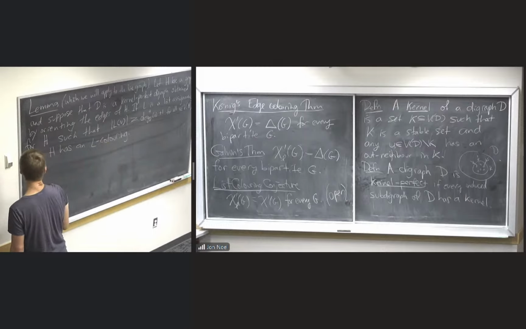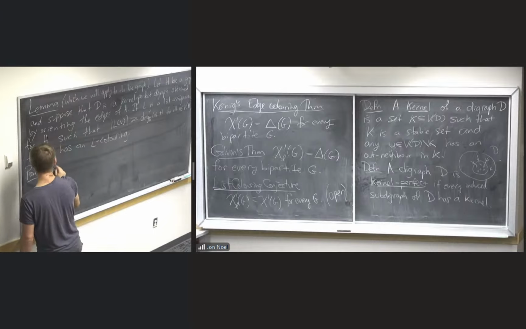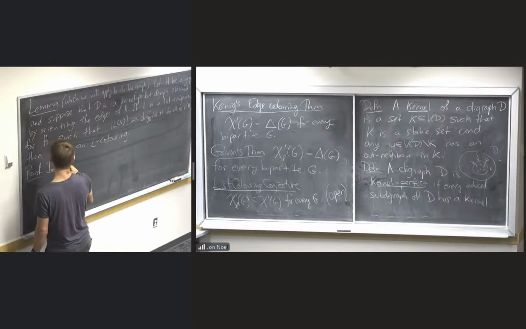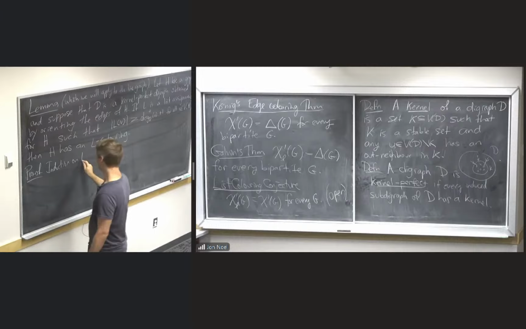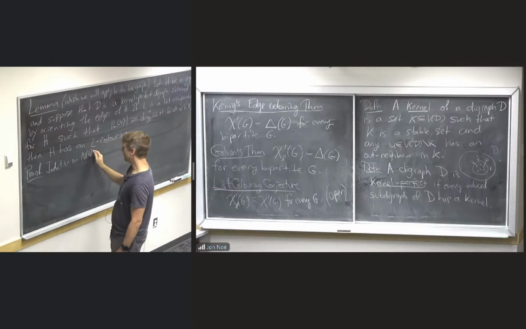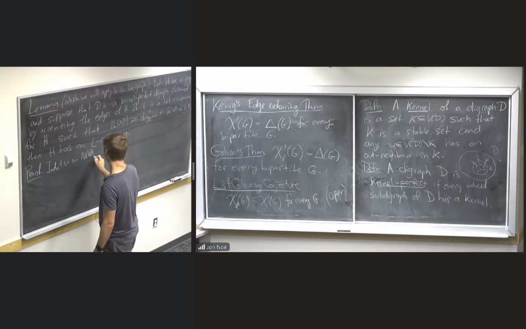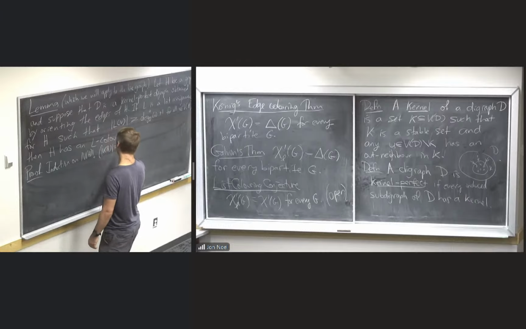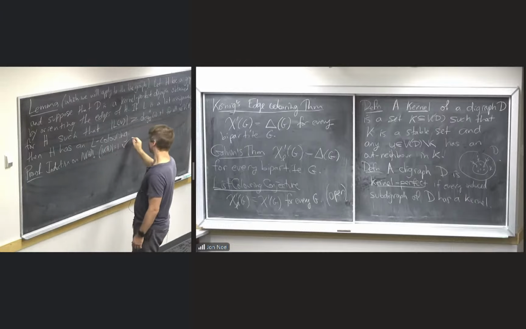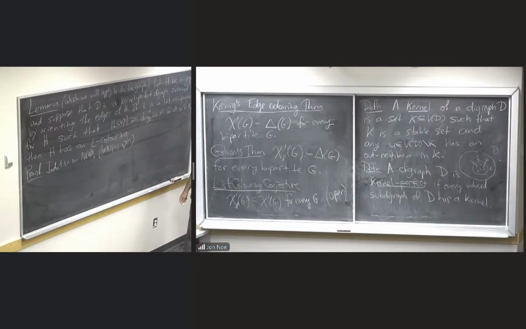So the proof is going to be by induction on the number of vertices of the graph H. If there's one vertex, it's easy, so let's forget about the basis case. If the number of vertices is 1, tick mark.